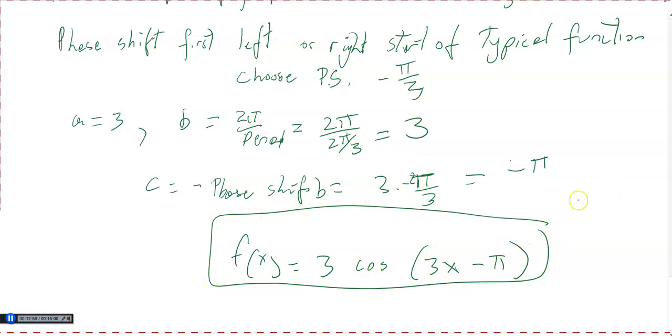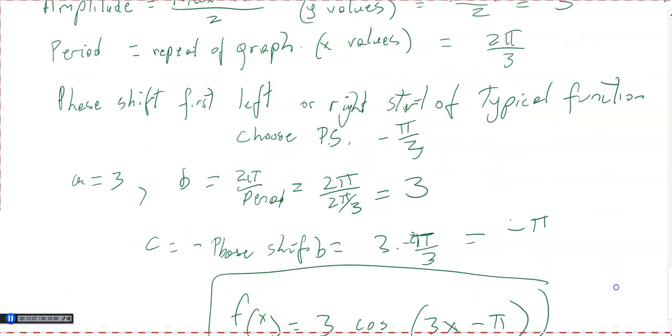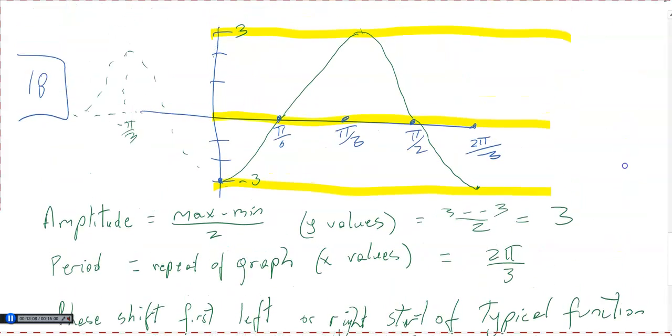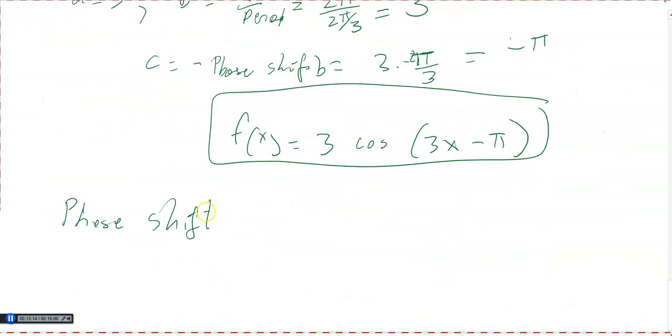So that's your cosine. For the sine, I want to choose another phase shift that looks like a typical sine start, so we could choose pi over 6 as our phase shift. So let's choose pi over 6. And then to find our C in this case, we just do -B times the phase shift.